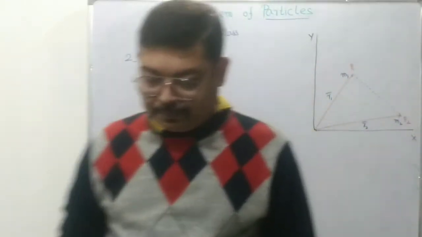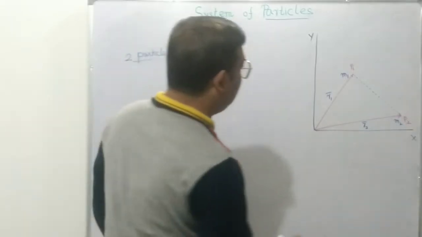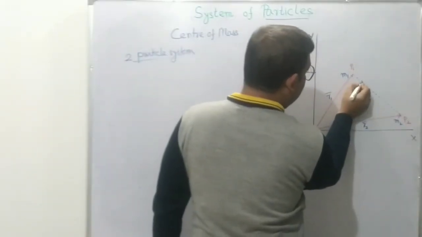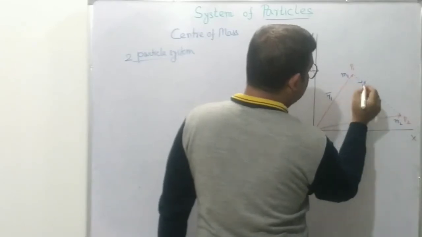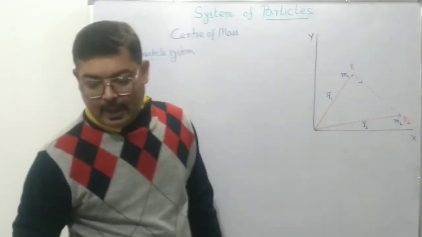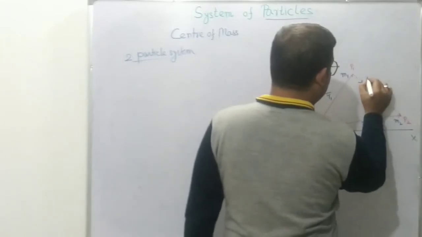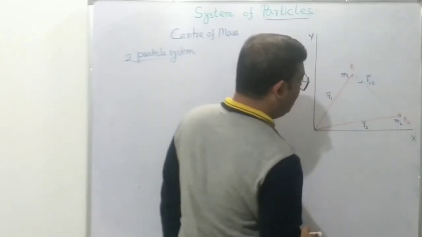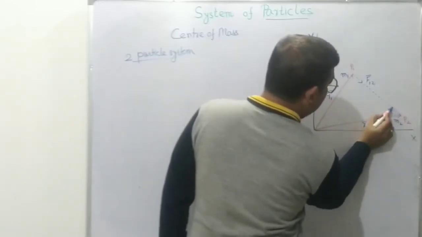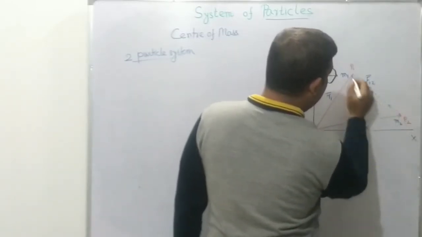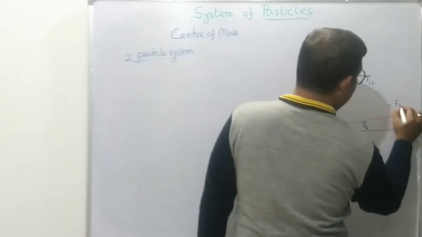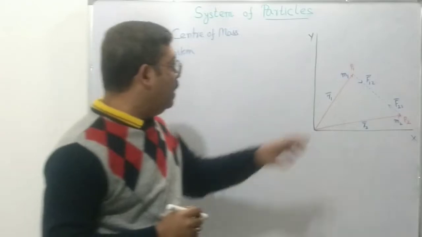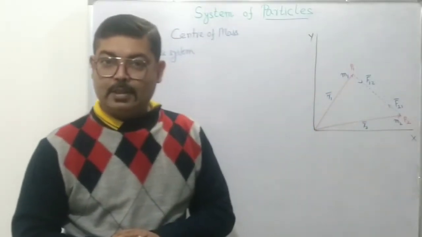The mutual interaction will be such that P1 is connected to P2 by some force, say F12, the force on particle 1 due to 2, and P2 is connected to P1 through F21, the force on 2 due to 1. These two are the internal forces of the system.